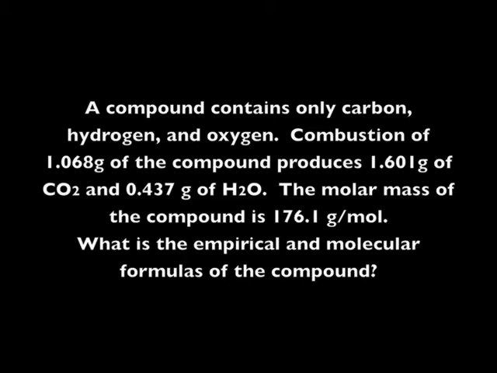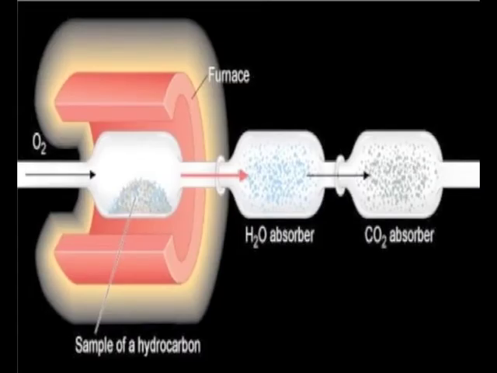Okay, but next I want to show you a little bit about what this little chamber might look like where they would actually do this sort of experiment. What you would do is you have this heating area over there on the far left. You'd put whatever sample you wanted to burn there, so it's going to be something that's easily combustible. And then you have two chambers a little farther down, one that absorbs water and one that absorbs the CO2 gas.